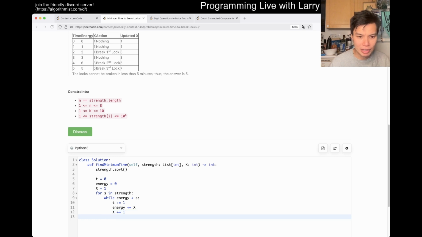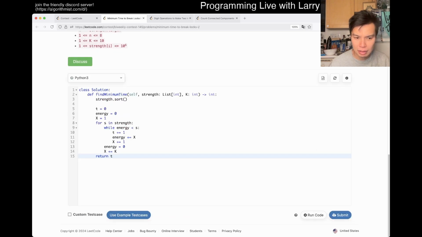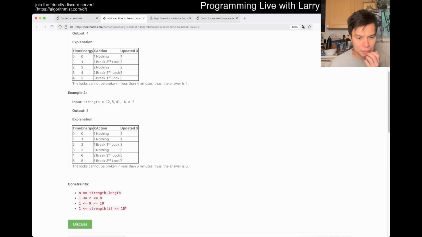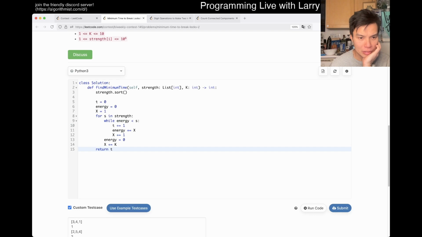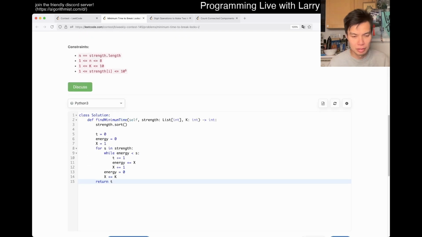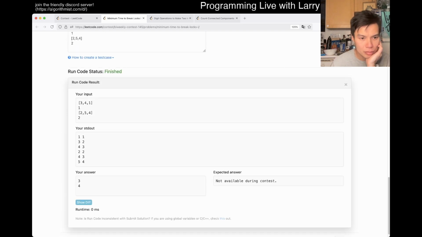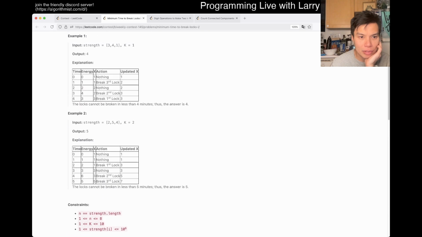And then now energy is greater than s, so then we're Gucci, and then we set energy to 0, and then x we increment by k, right? Something like that. 3 and 4, that's not right. Why do I think it's 3 and 4? It takes 1 second for the first one, is that true?